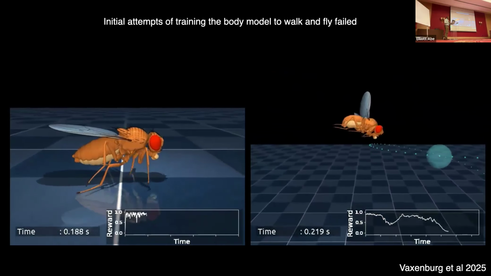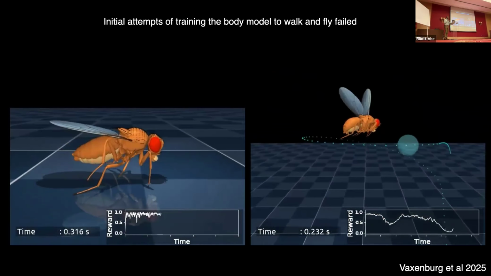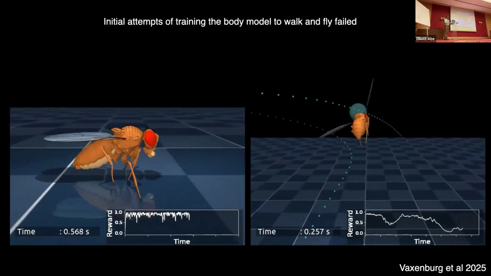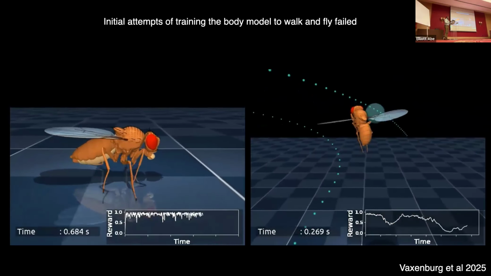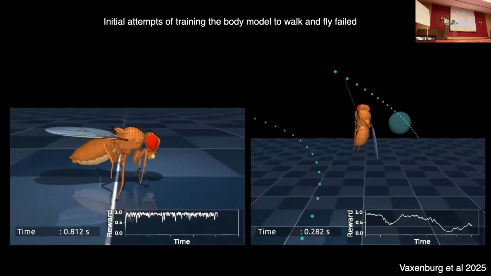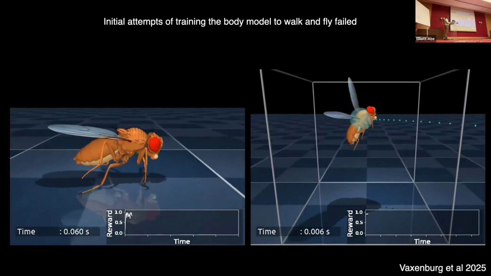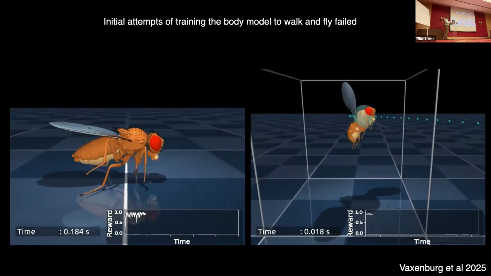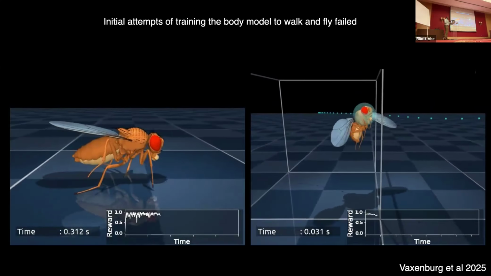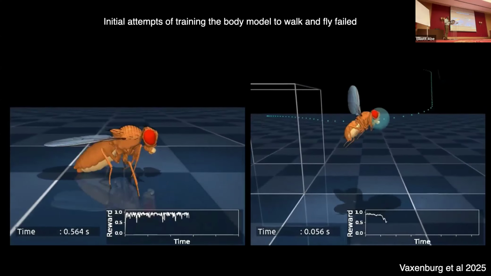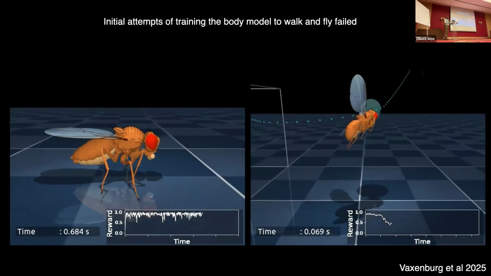Our goal at the end of the day, for those of us like me who are interested in understanding how the connectome produces the real behavior that the fly performs, is not what are all the possible ways of fly locomotion, but what is the nervous system doing when the fly walks or flies the way it actually does?